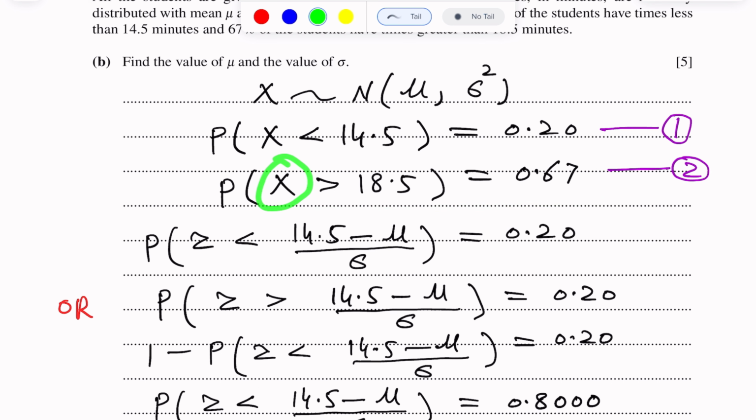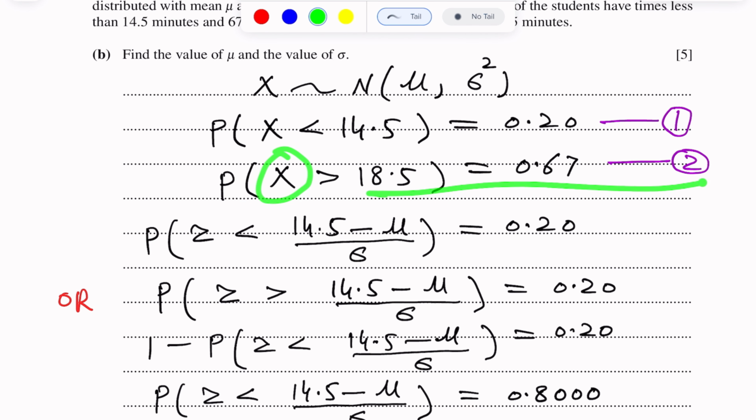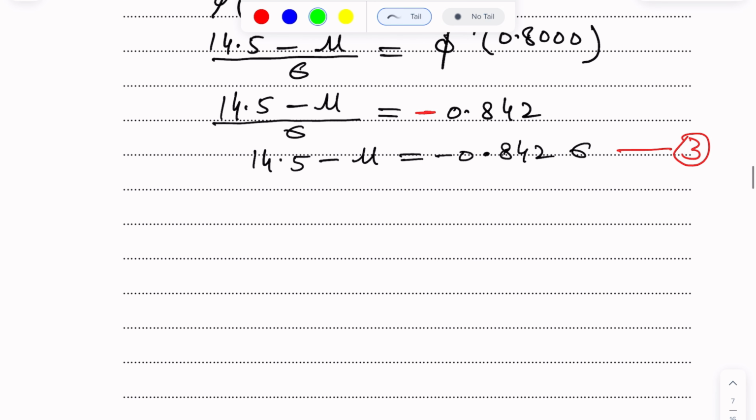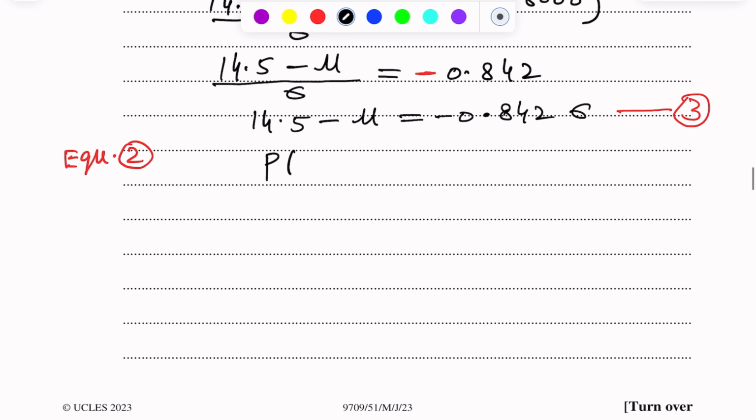First we convert this x into z from equation number 2. From equation 2 we write the probability of z is greater than 18.5 minus mu over sigma, that is equal to 0.67.